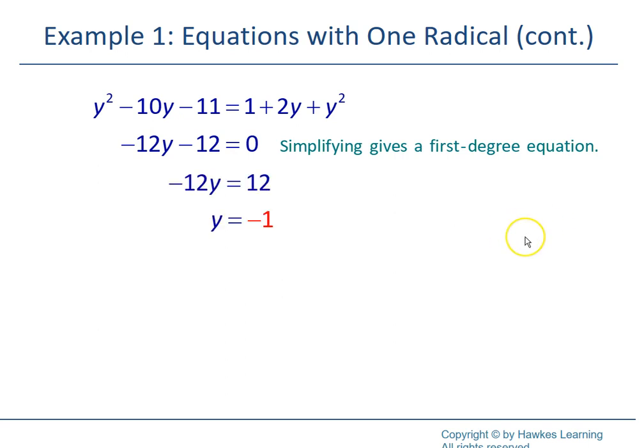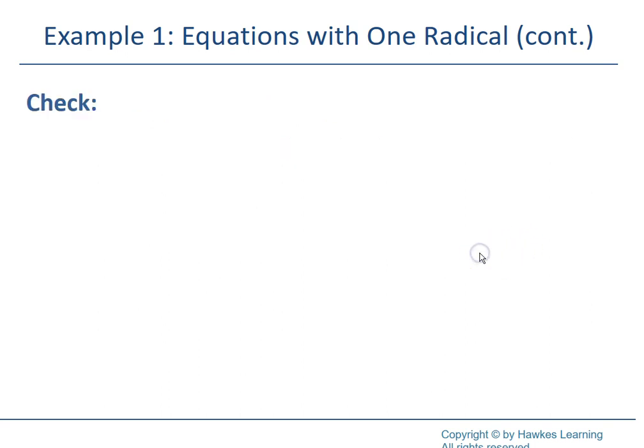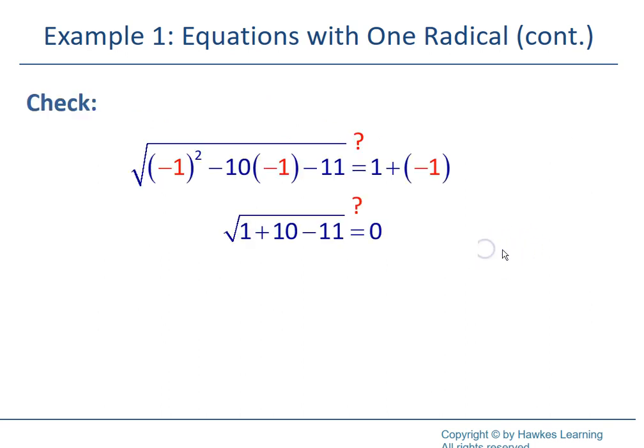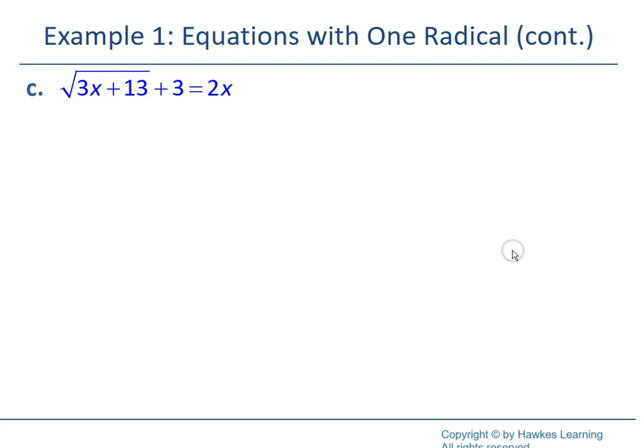And there is our answer. Now I see they're doing it a little different way. Again, there's different ways to solve. And if you put a negative 1 in there, it works.